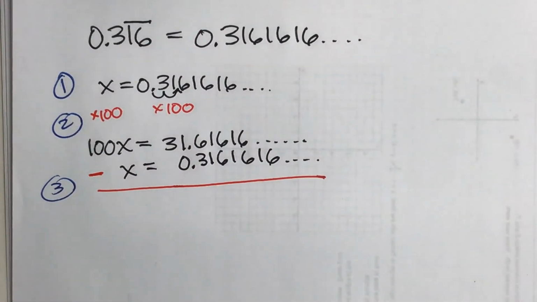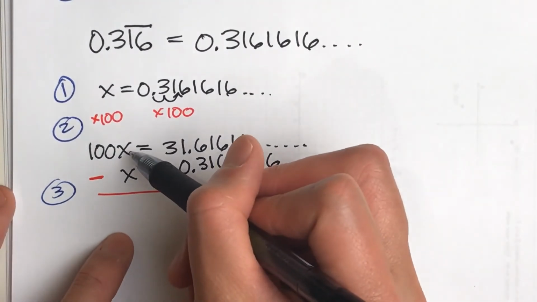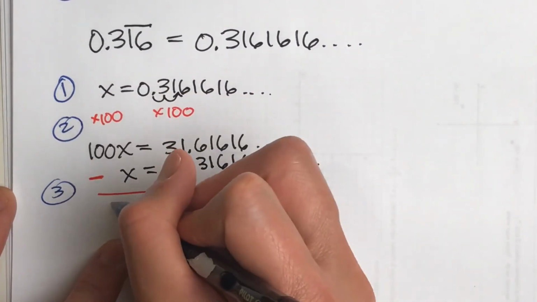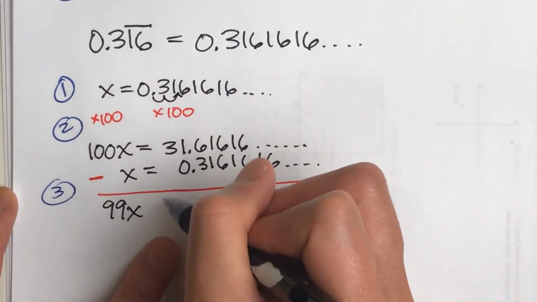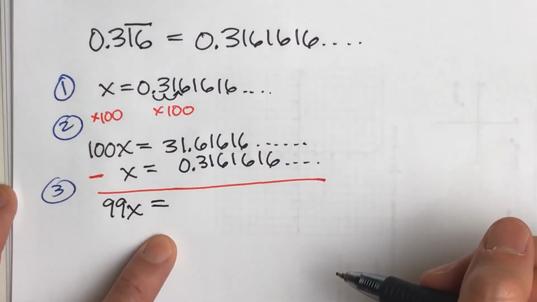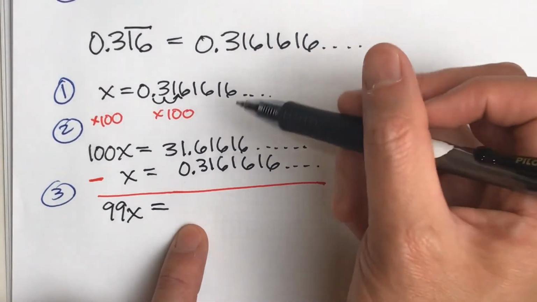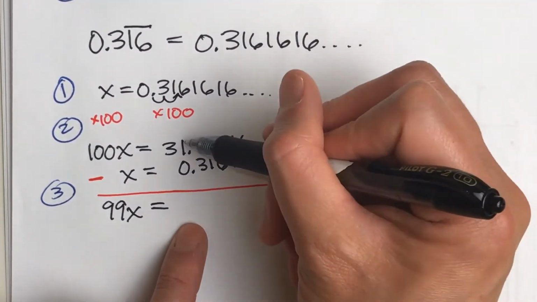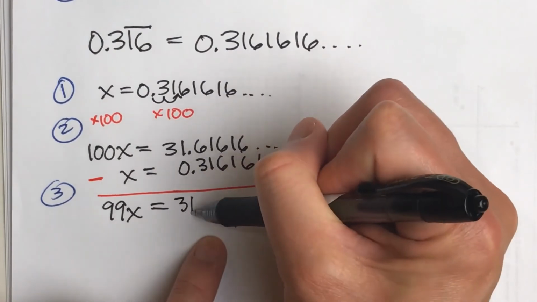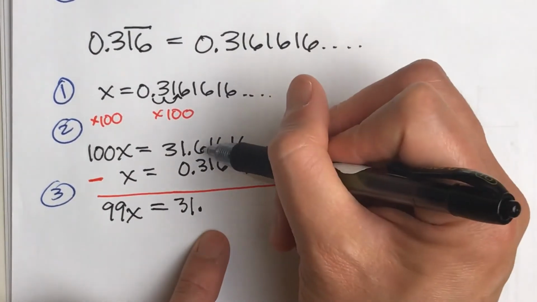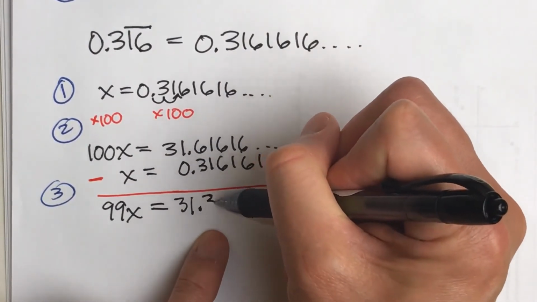So on the left side, 100x minus 1x leaves you with 99x. Drop down my equal sign. On the other side, we gotta subtract. 31 minus 0 is 31. Drop down my decimal. 6 minus 3 is 3.